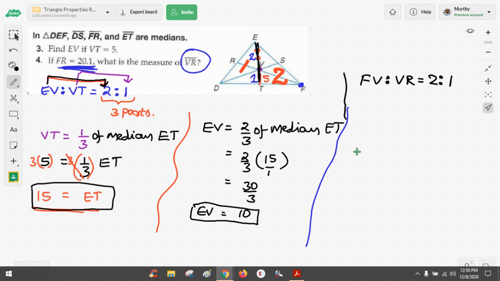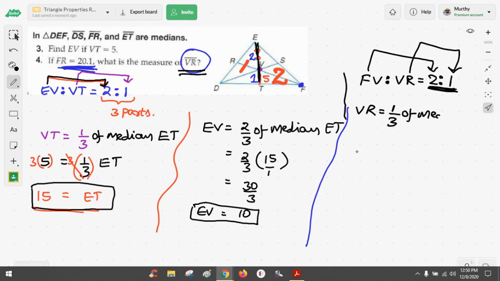Therefore, you are asked to figure out what is the value of VR. So FV is 2 and VR is 1. Therefore, VR equals 1 out of 3 portions. Please remember, when I add these two, I'll get 3. 1/3 of the median.